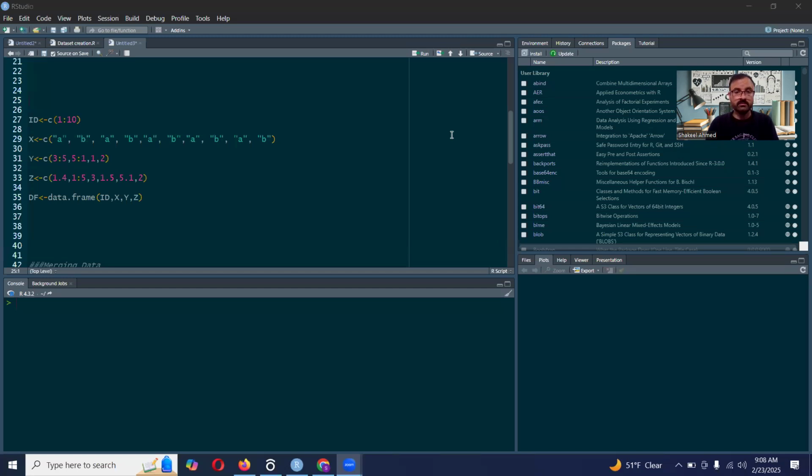In this video, we will discuss merging different data frames according to different types of situations. As we have two different data sets, we can merge data according to an identifier, that is called an identity variable, that should be in both data sets.